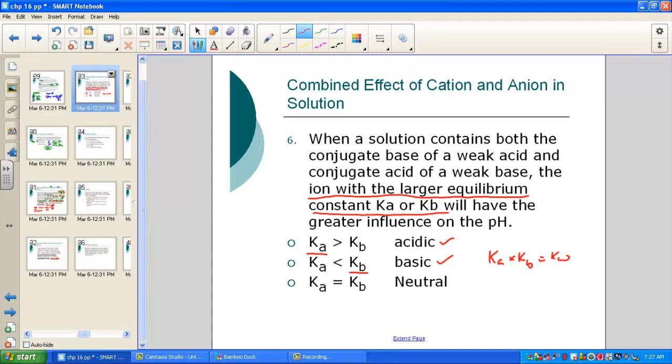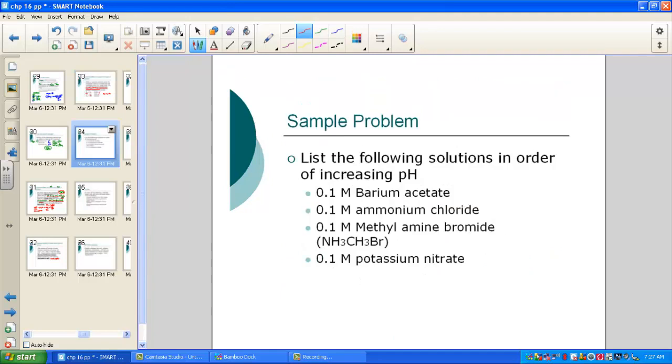So let's let that digest a moment and take a look at a sample problem. It's asking us to list the following solutions in order of increasing pH. Increasing pH means most acidic to most basic, low pH to the highest pH.